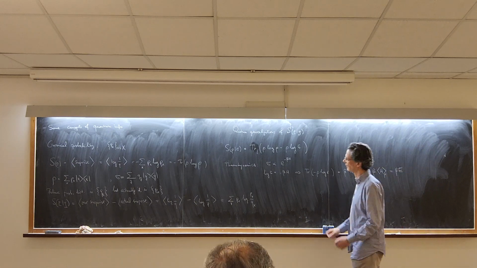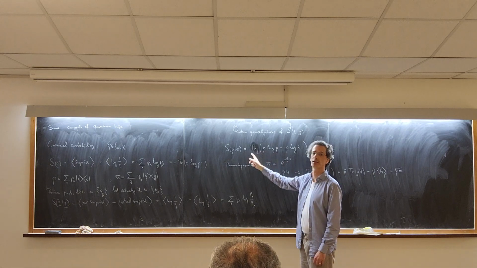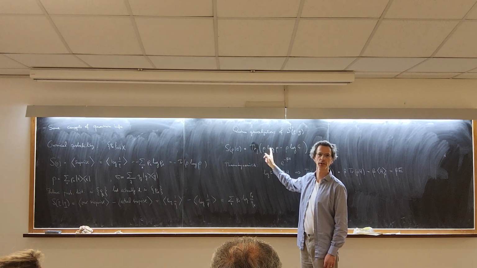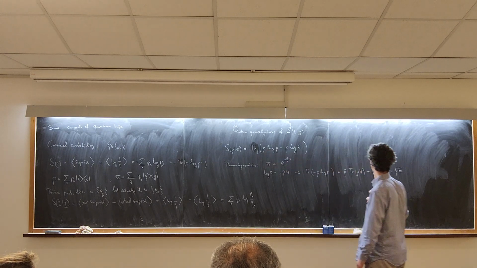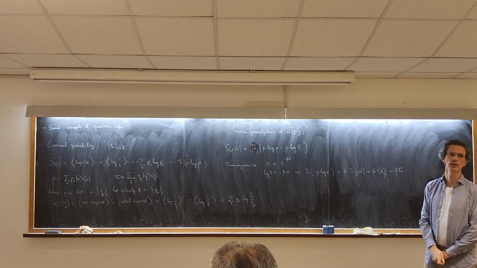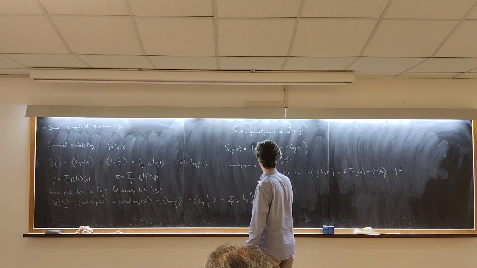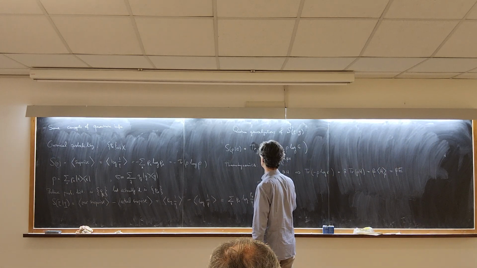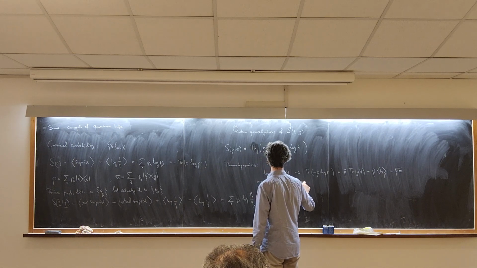You can think, in some sense, of this term here as minus the von Neumann entropy, because von Neumann entropy is minus trace of rho log rho, and this term roughly is beta times E. So this means that this relative entropy is a bit like a free energy.